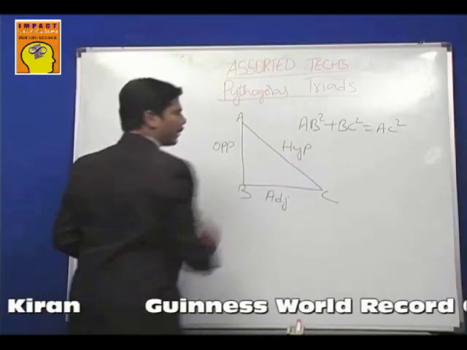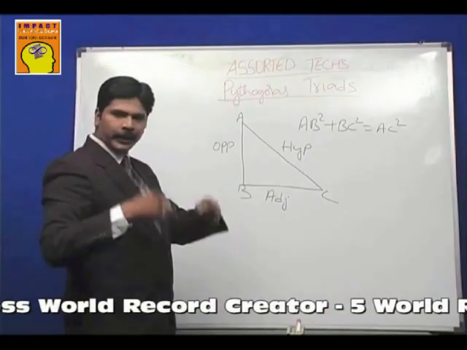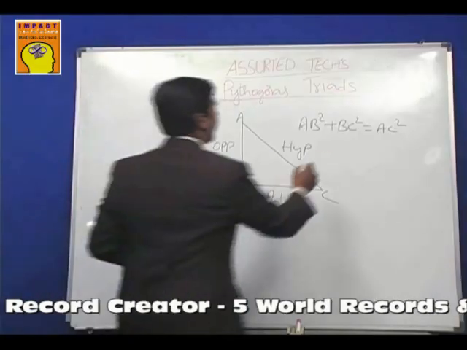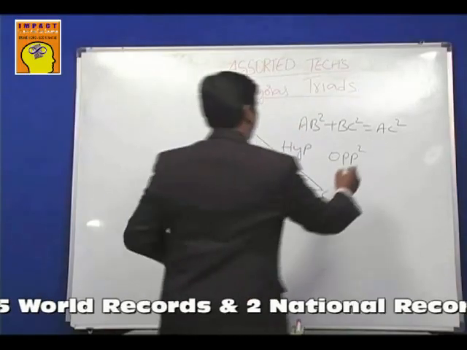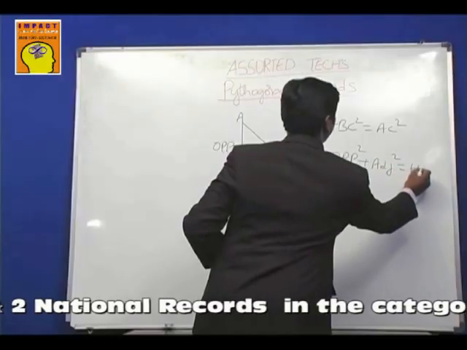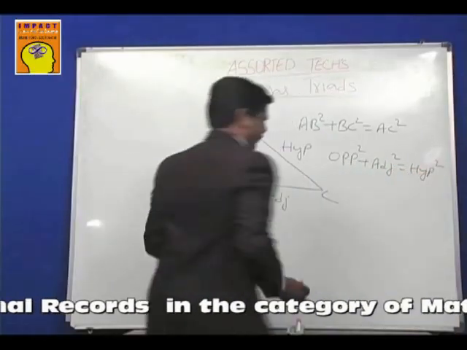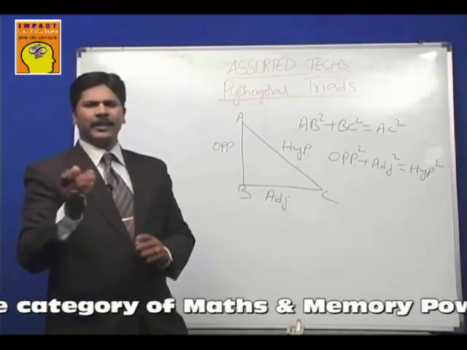So they put it in clearer language: opposite square plus adjacent square is equal to hypotenuse square. Then we understand slightly more than that.